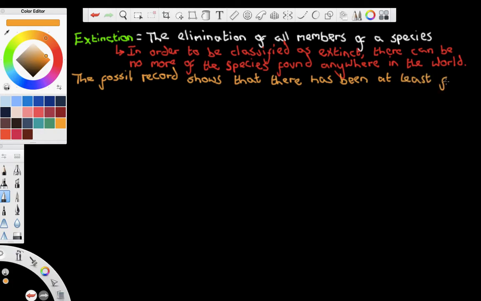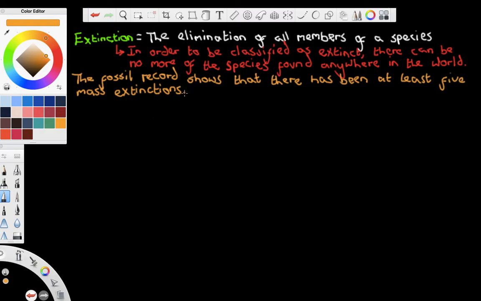Okay? Now, what we mean by a mass extinction is something like the Ice Age coming. That means where most life is wiped out on Earth. Only a small number of species survive.